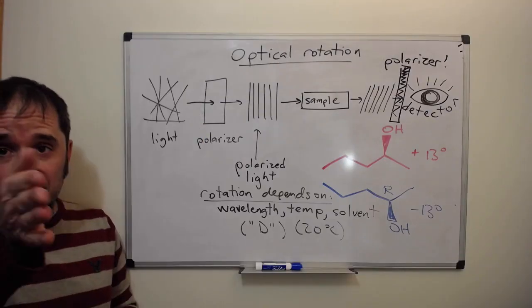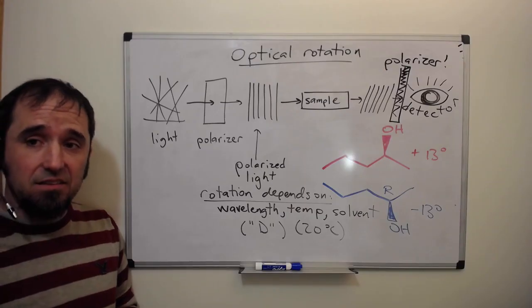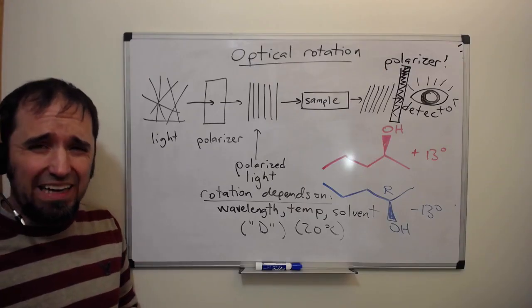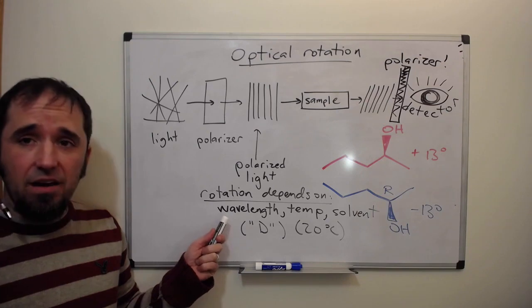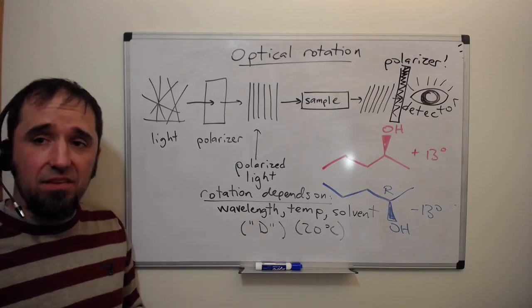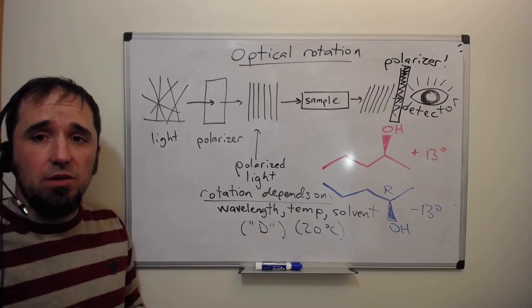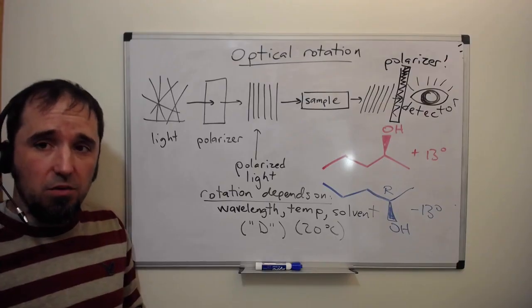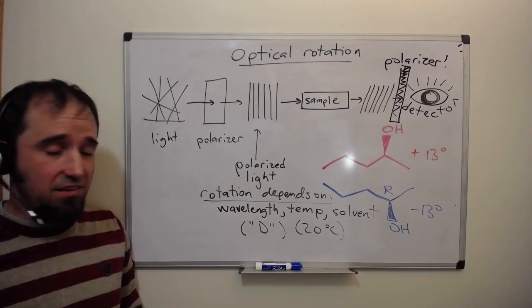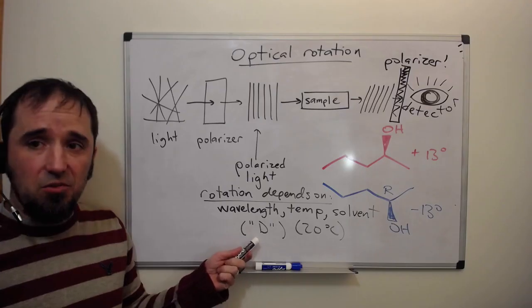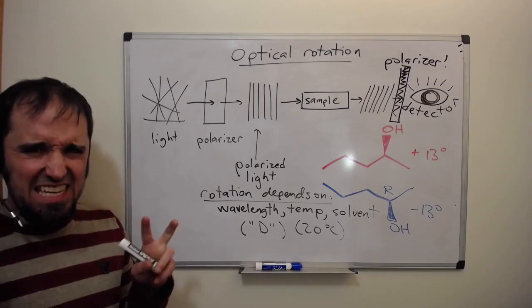How many degrees the light is rotated depends on a lot of things, most of which we usually ignore. It's going to depend on the wavelength of light and the temperature involved. Usually when we do this, or when you look it up in a book, they're using the same wavelength and the same temperature. The wavelength they're using is just denoted the D line.